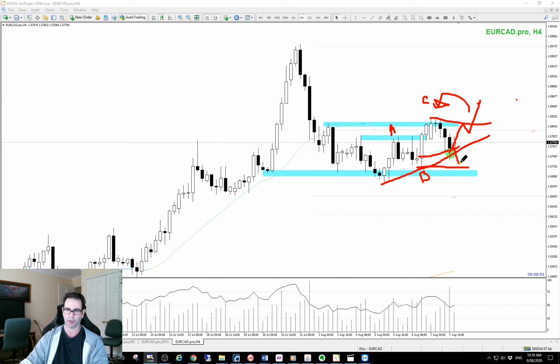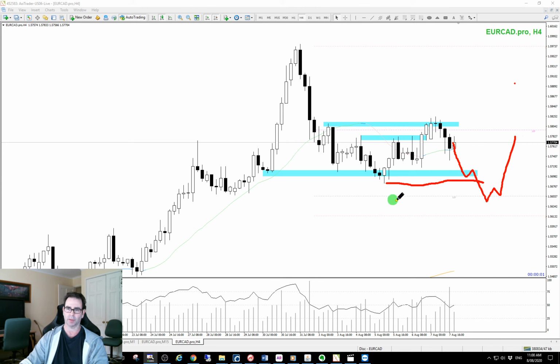A break through this would confirm our thinking that this is what it's going to be. Now it doesn't have to break the low, it can still penetrate here and then head off, but the point is that it's done that bit more complex pullback. And of course if it does do that, we're looking for what occurs around the low for the possible C, shallow C, or possible AB equals CD.